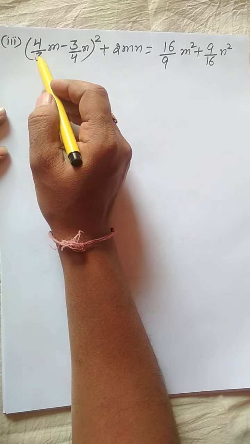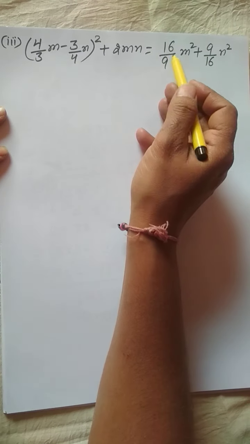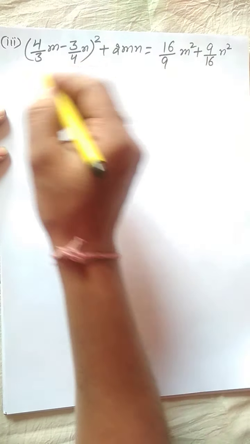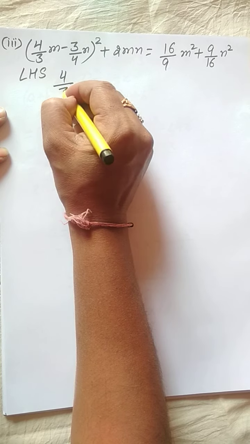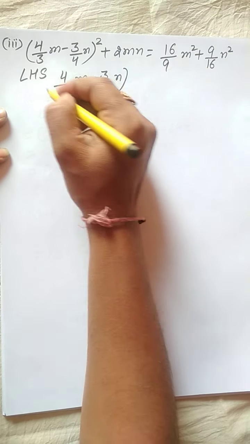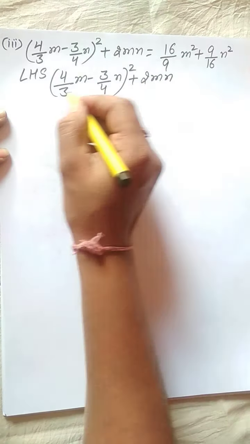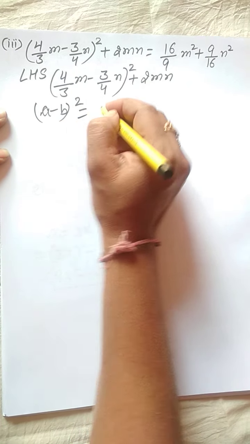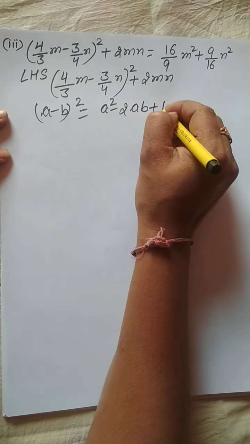Next part is (4/3 m − 3/4 n)² + 2mn is equal to 16/9 m² + 9/16 n². Now solve the left hand side, which is equal to (4/3 m − 3/4 n)² + 2mn. Now this is the type of (a − b)², which is equal to a² − 2ab + b².